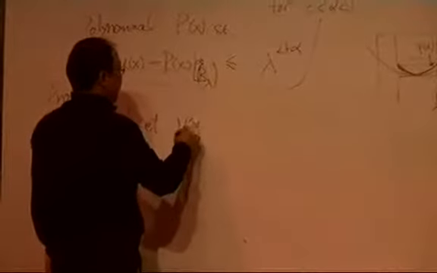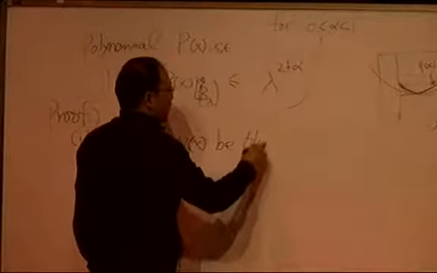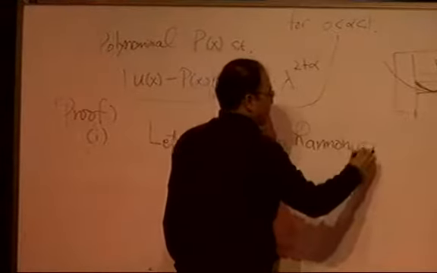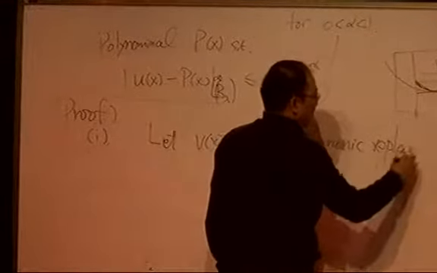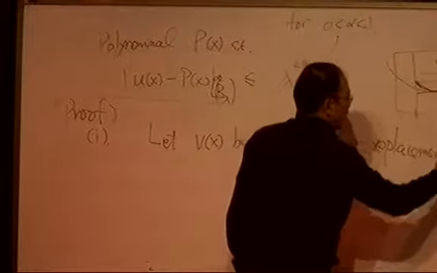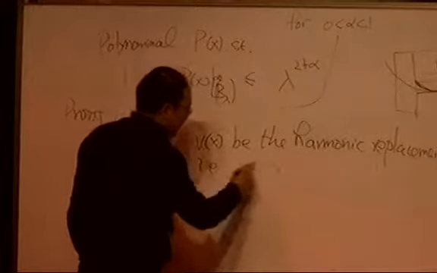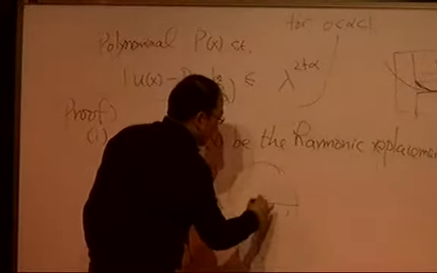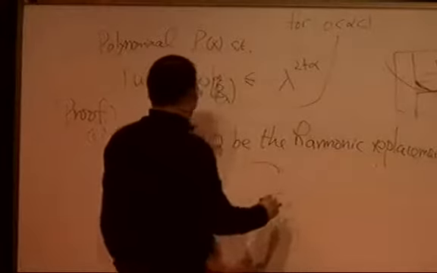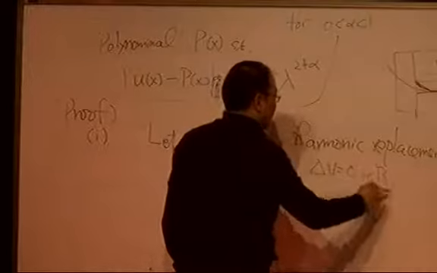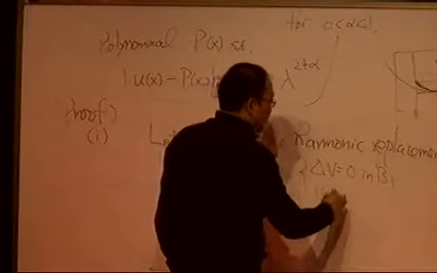Let v of x be the harmonic replacement of u. In other words, here is the radius 1, and the Laplacian of v is identically zero in B1, and v is equal to u on the boundary.